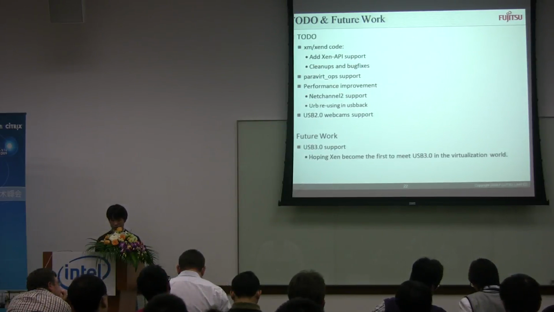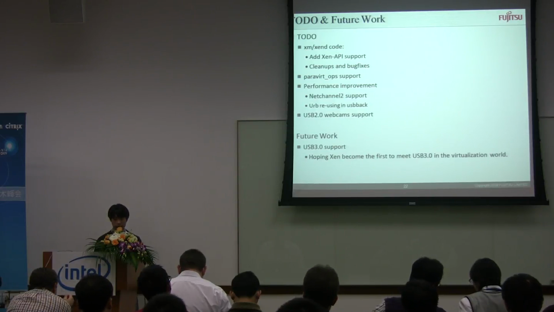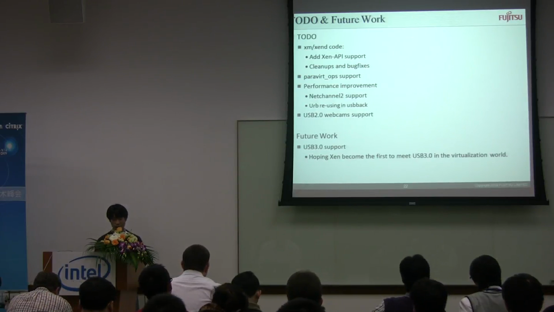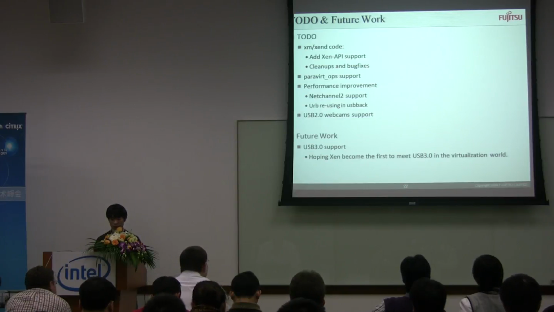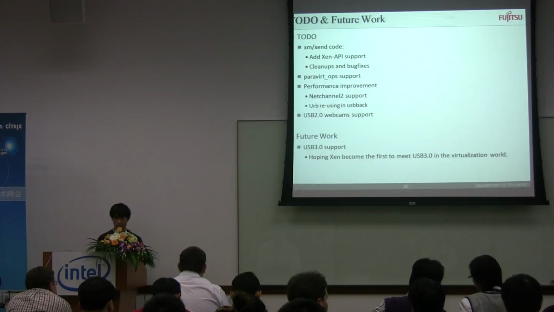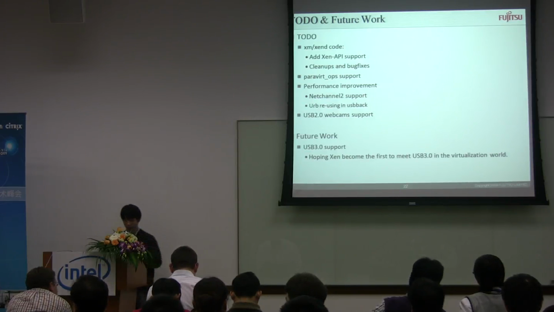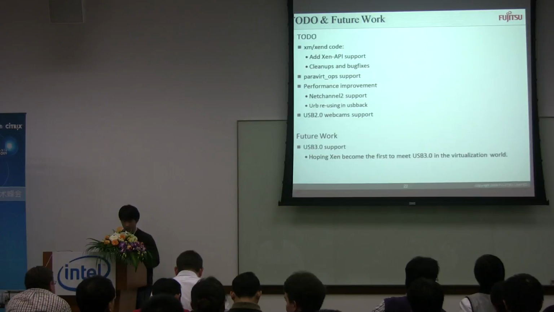The transferring of URBs has no errors, but the buffer of the video device for Linux is not created. Maybe it's a bug or some other kind of issue, and I'm going to analyze the details. After I finish the to-dos, I'm going to work on the coming USB 3. I hope to be the first to meet USB 3 in the virtualization world.